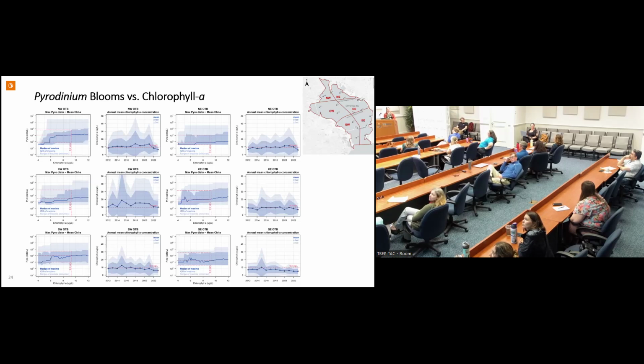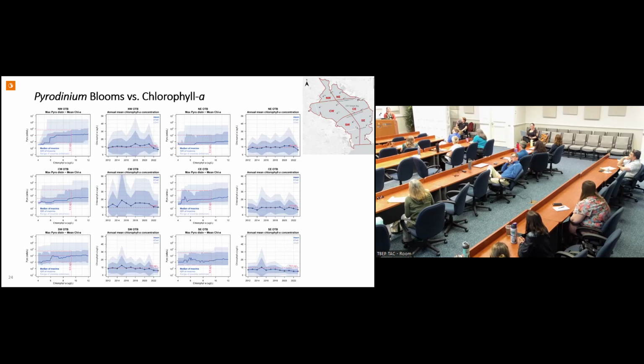Just a comment about that. And then at the lower level, chlorophyll exceedances are often like a mixed bloom, not just pyridinium, or it could even be diatoms that are contributing to the target, but not those super high levels.